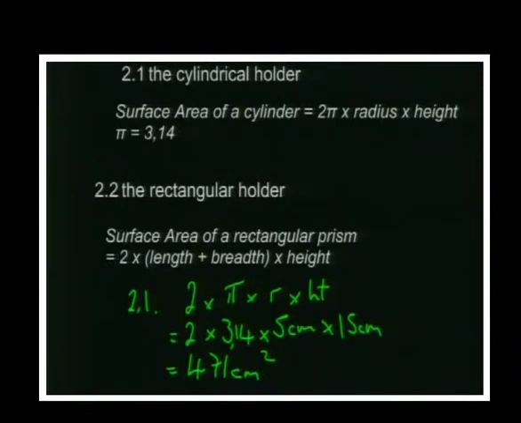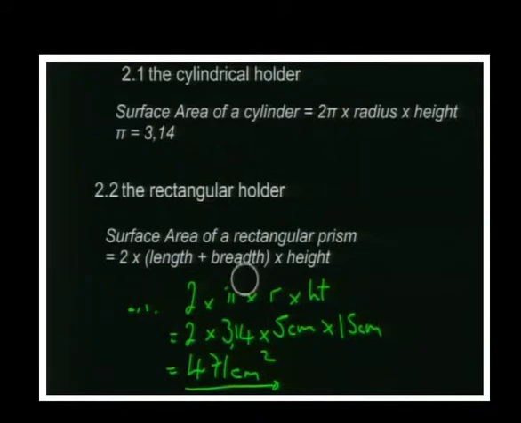Why squared? Because we're working in area. Happy? Straightforward, isn't it? Well, it is if you follow the basic rules. 2 rules here. Number 1, use the formula given. Number 2, because you're dealing in area, we end with centimeters squared.